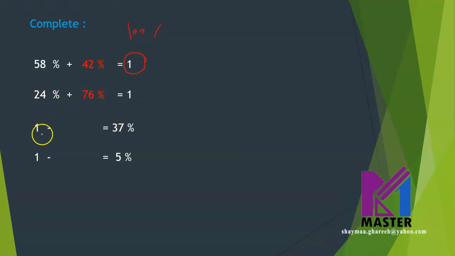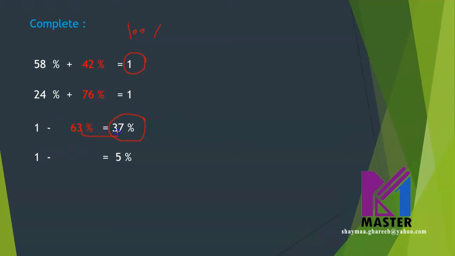Now I have 1 minus what gives 37%. We know that the 1 equals 100%. So what can I do? I can subtract the 37 from the 100, which means 63%.